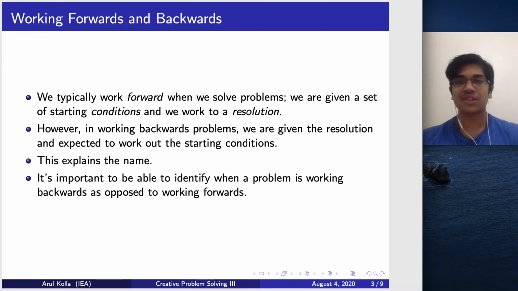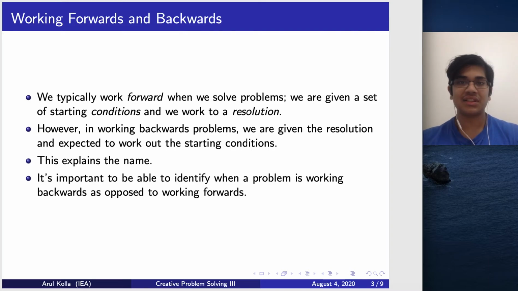Because when you see a working backwards problem, you know that it's really hard to solve forwards. Typically in these problems, the forward solution, the one you would quote unquote use, is a little harder to do, whereas the backward solution is much easier and much more logical too.